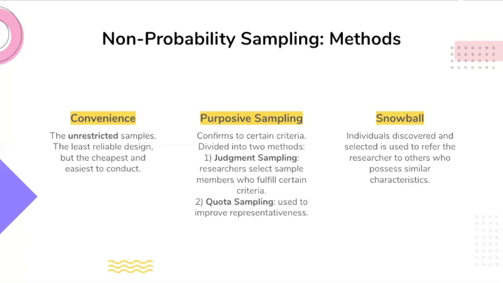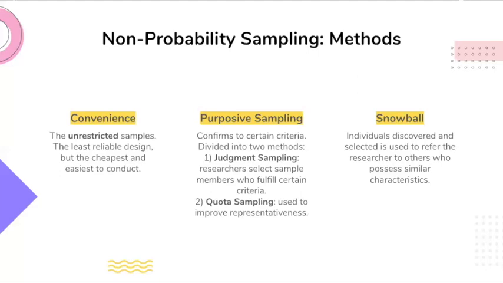We have judgment sampling, where the researcher selects sample members to conform to some criteria, basically based on expertise, I believe. And then quota sampling is used to improve representativeness. And for purposive sampling, that is it.